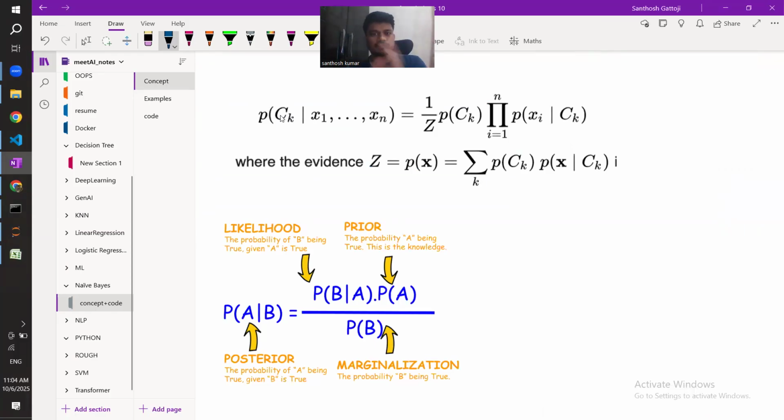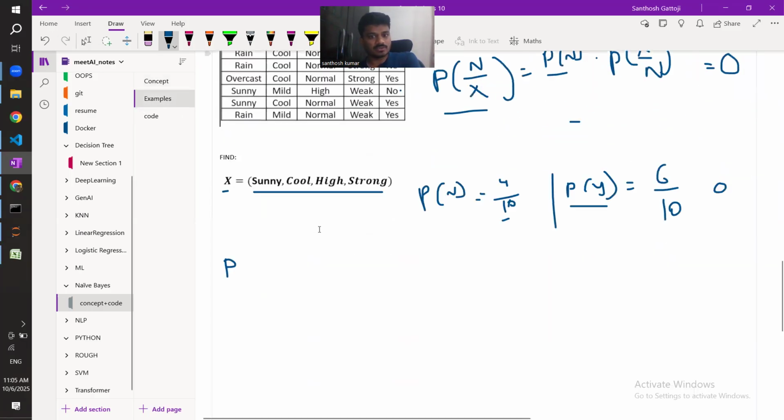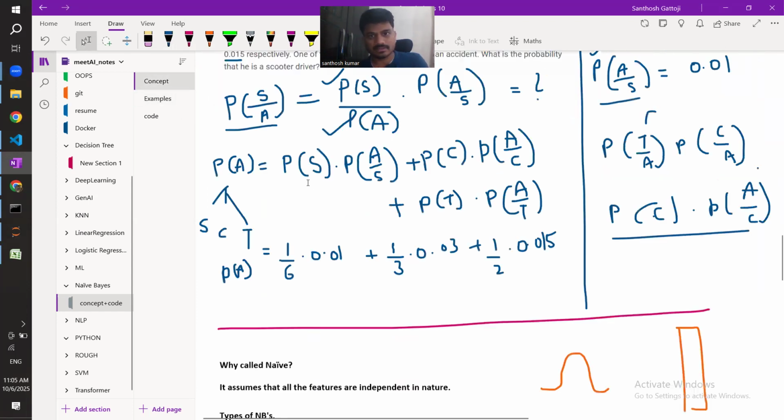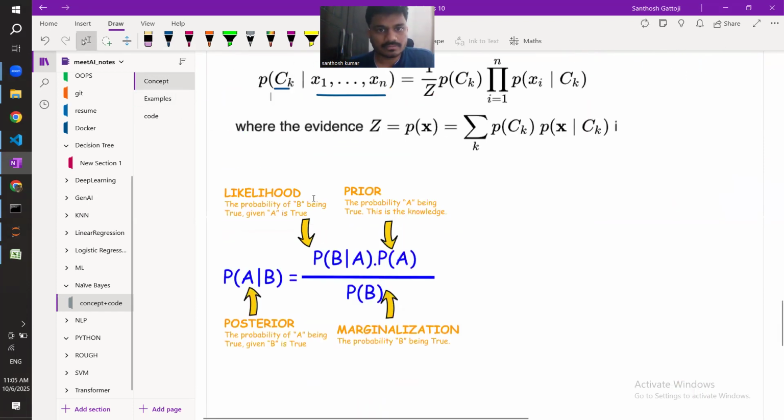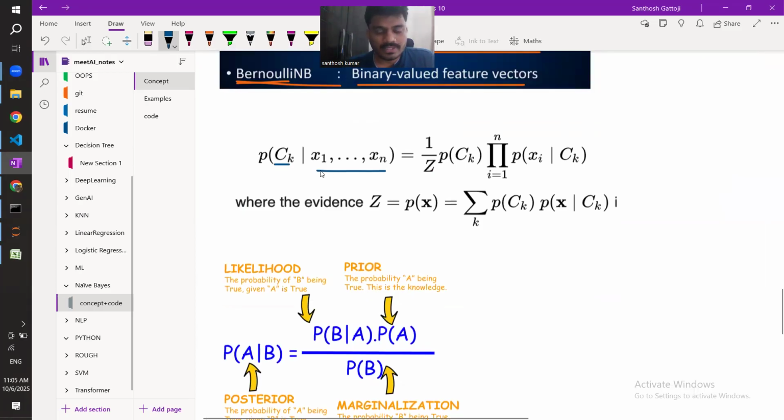Only the label, the denotation, is different. Basically it is saying probability of y given x. X could be many, x1, x2, x3. In the example we solved, the x could be sunny, cool, high, any x. So given all these x's, what is the probability of my y? This is the probability we want to calculate for naive Bayes. This is equal to probability of C of k.